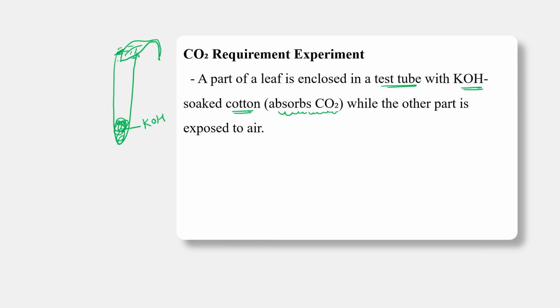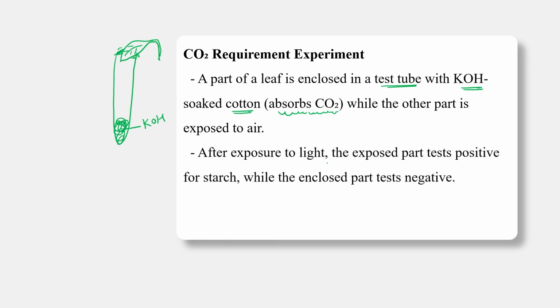Okay, so the other part of the leaf is exposed to the air. Okay, so after exposure to the light, the exposed part shows a positive test for starch, while the enclosed part, which is present inside the test tube, shows a negative result.